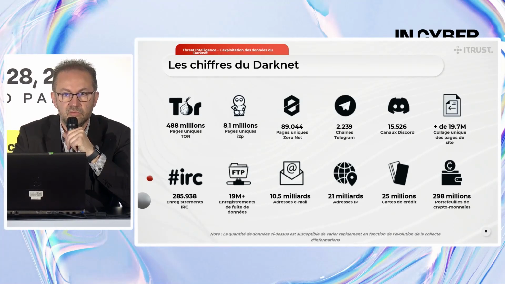We focus on different communication channels and videos that you can find. There is lots of information exchanged on Telegram, Discord, and other communication channels. As you can see here, you use lots of IP addresses or other kinds of information.